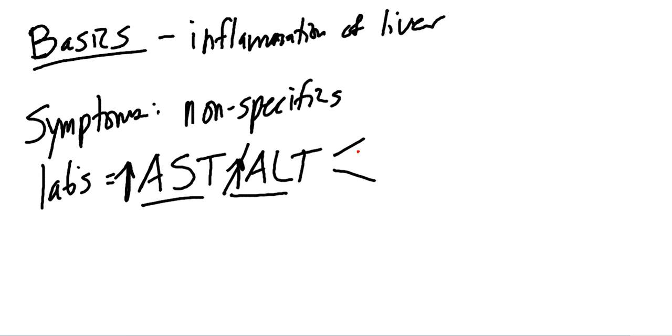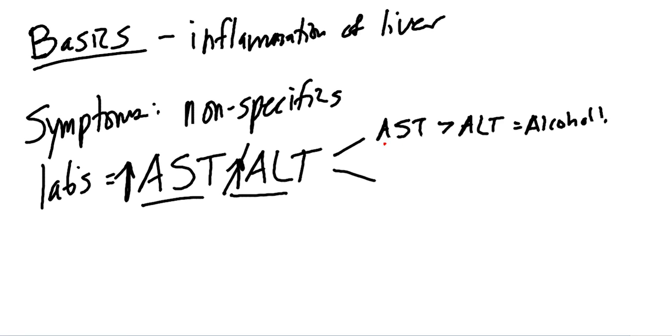Now, as a general rule of thumb, if AST is higher than ALT, you're going to think alcoholic hepatitis due to alcohol. There's a lot of different causes of hepatitis.